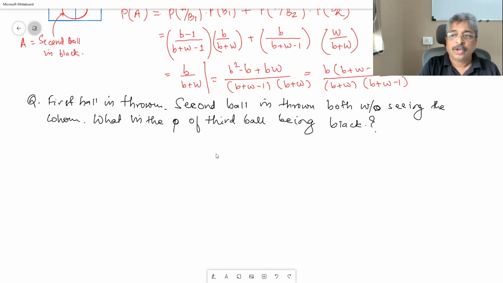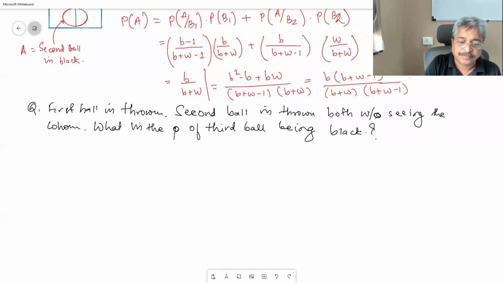So calculate. Okay. So here the first two balls are thrown without seeing, and the probability of the third ball being black is asked. So now let us list how many terms are going to come.